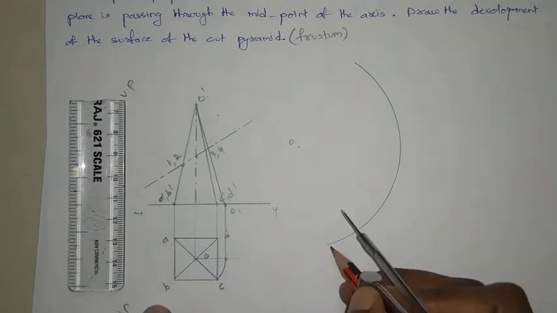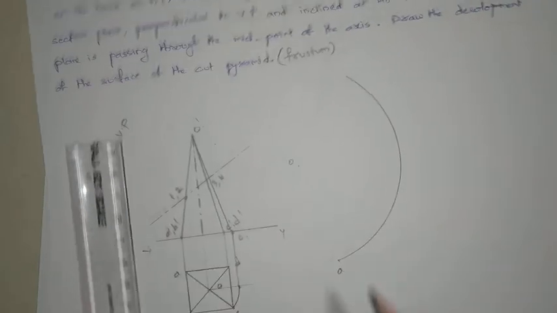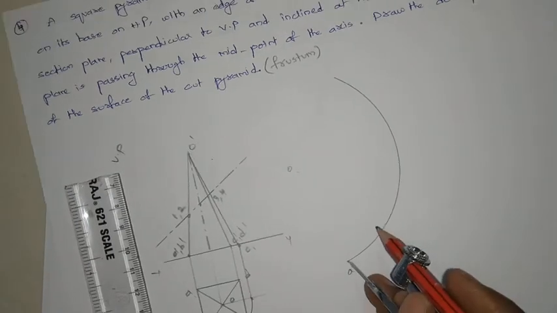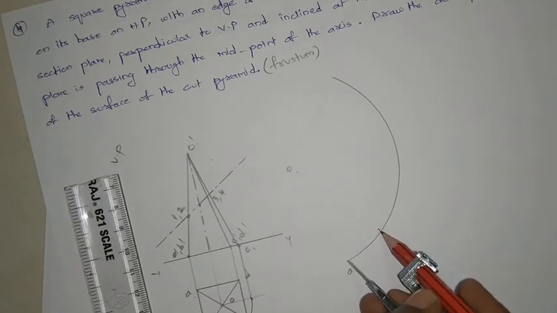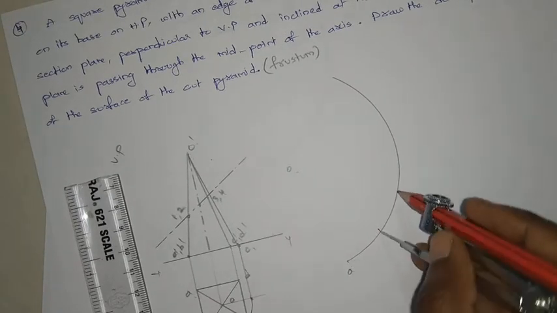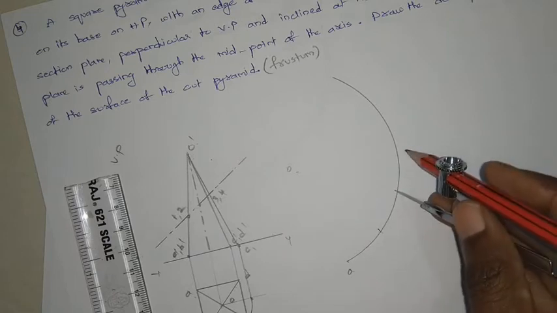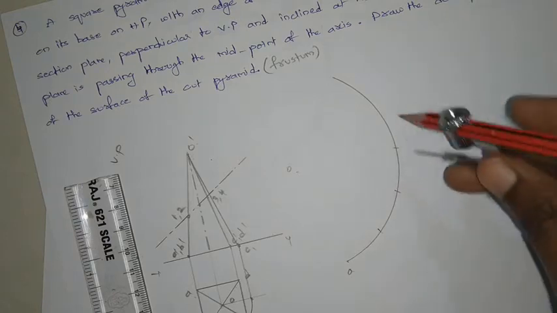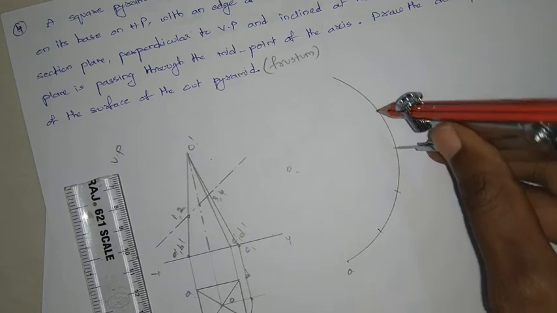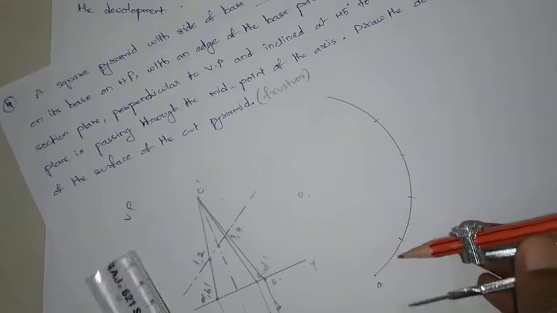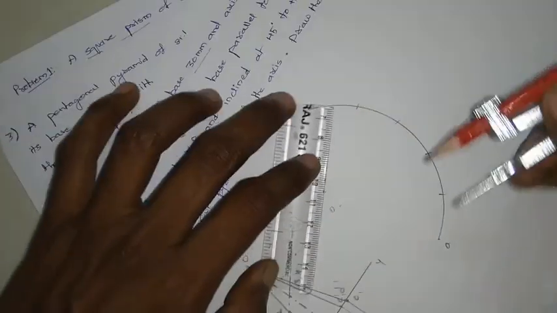So we already know that this first point is A. We have four sides, so we can cut the four sides: 1, 2, 3, and 4. Okay, so you can join.